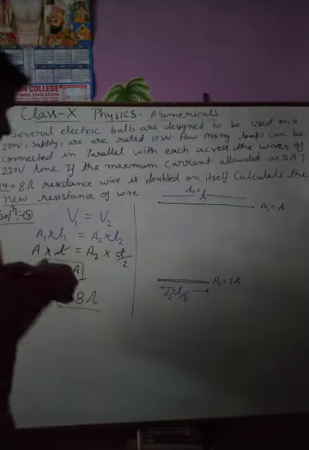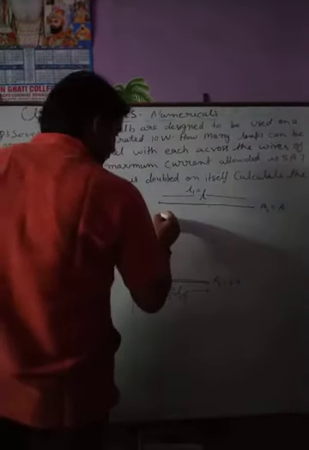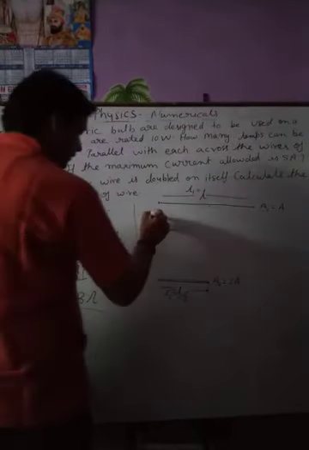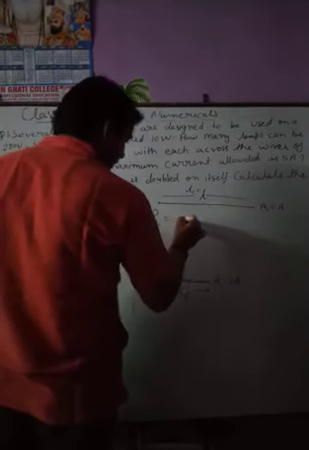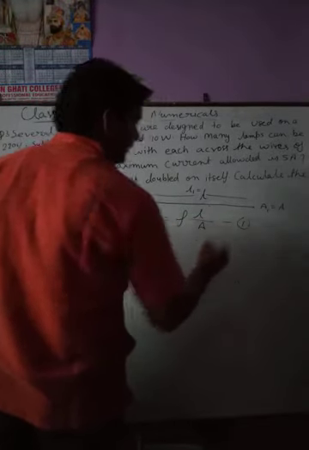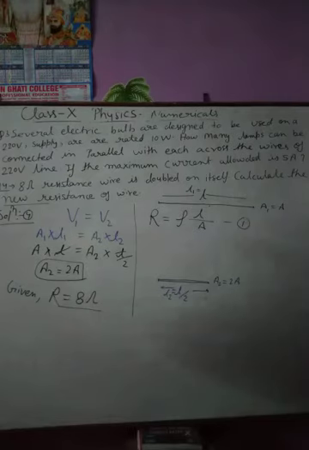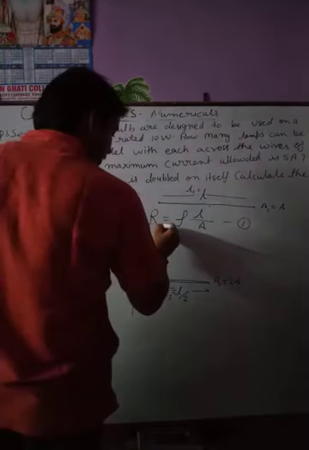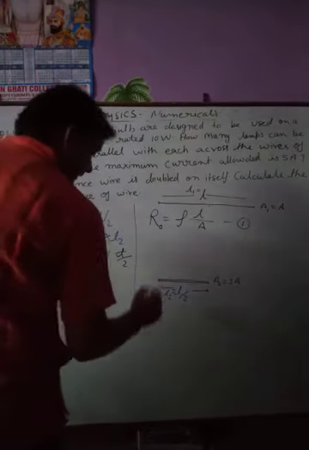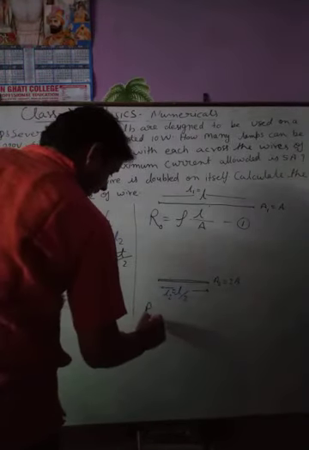Now student, resistance is given by rho L upon A. यह आप सभी को पता है. Okay. This is the initial resistance, which we call R original, and for the new condition we call it R new.